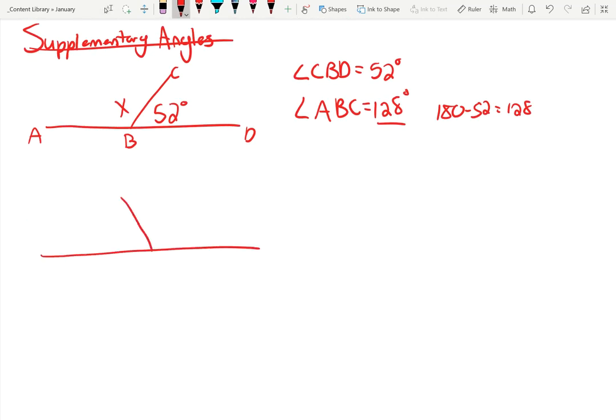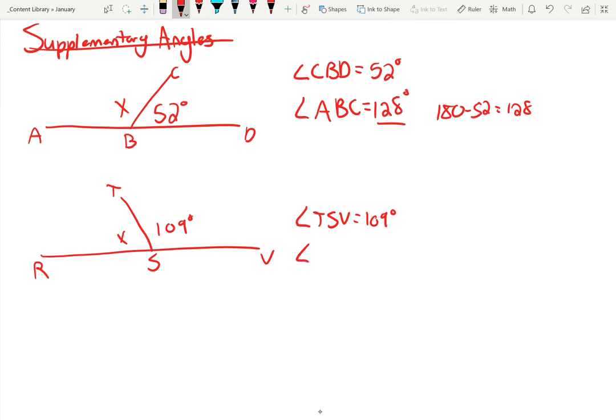So here we'll do RSTV. Let's say this angle is 109 degrees. So we know that angle TSV is equal to 109 degrees.